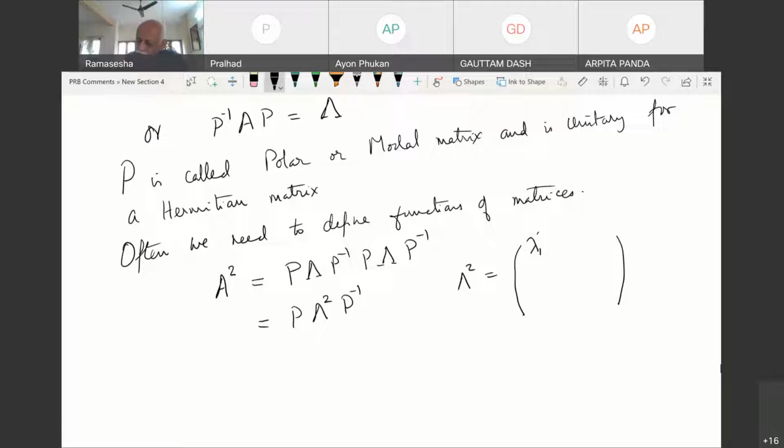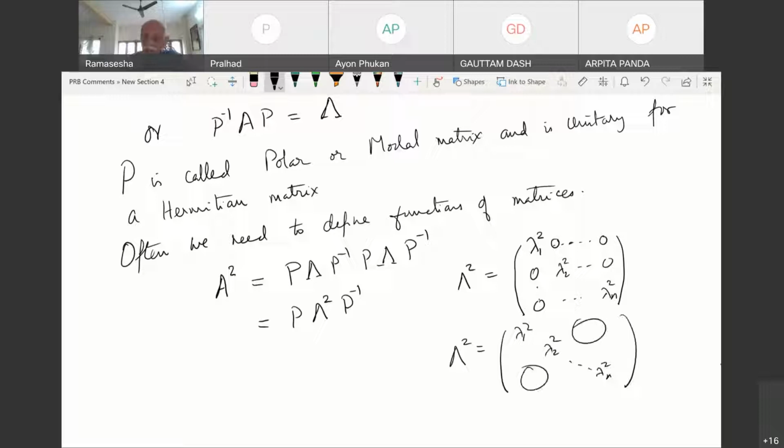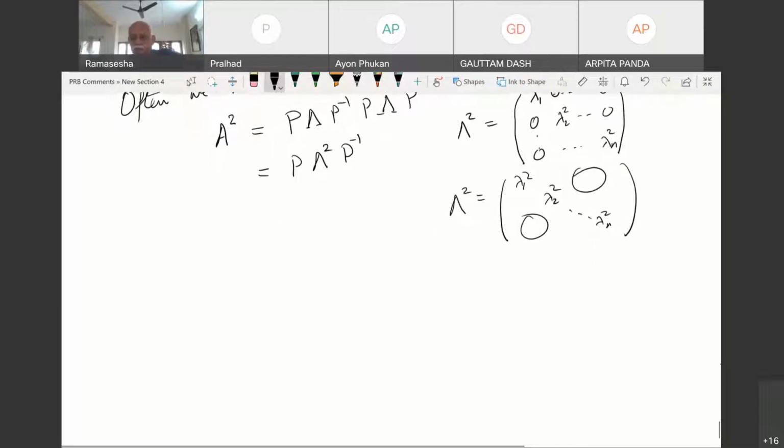So lambda squared is lambda 1 squared, lambda 2 squared, up to lambda n squared, and everything else 0. What happens when you cube it? It's exactly the same thing, right? So A cubed is equal to P lambda cubed P inverse.